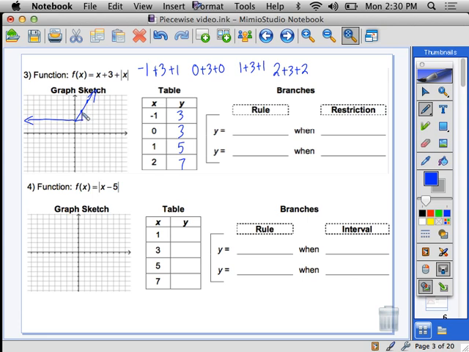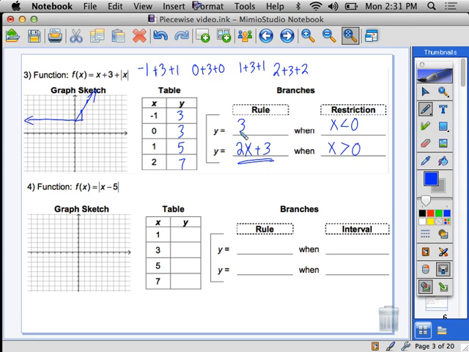So my slope is, again, going to be +2. My y-intercept is at 3. So when x is greater than 0, this is my formula, or my rule. When x is less than 0, my y is always going to equal 3.